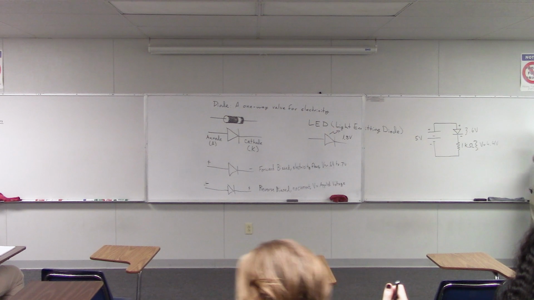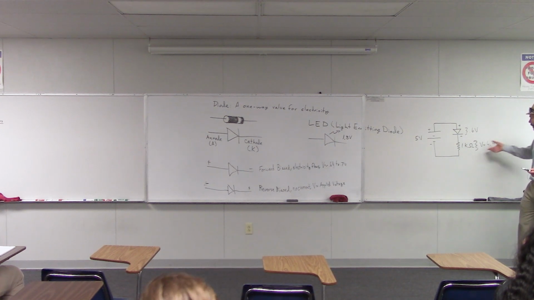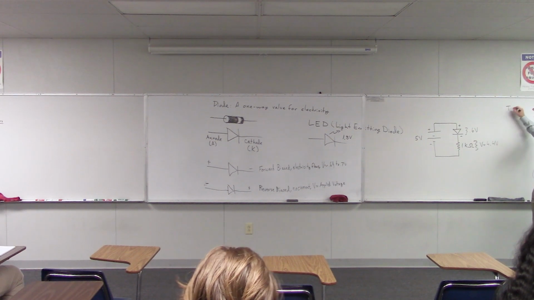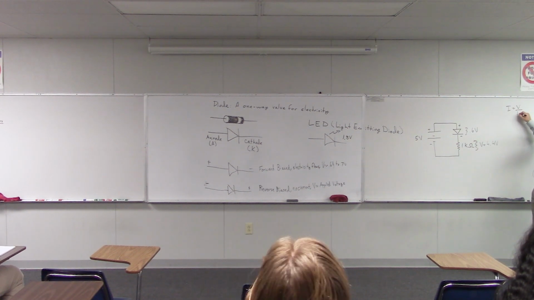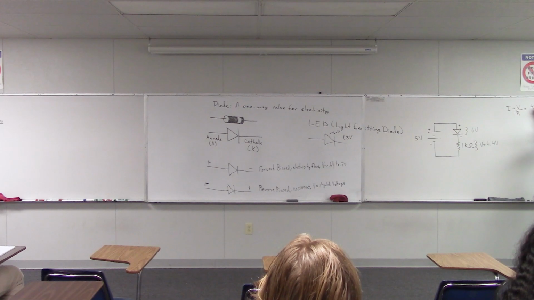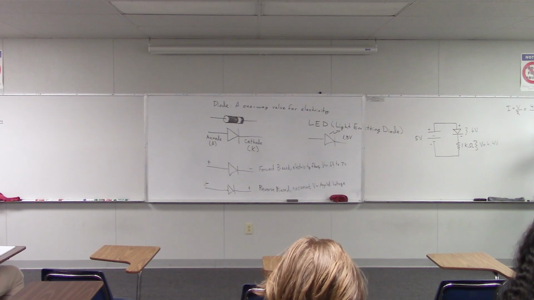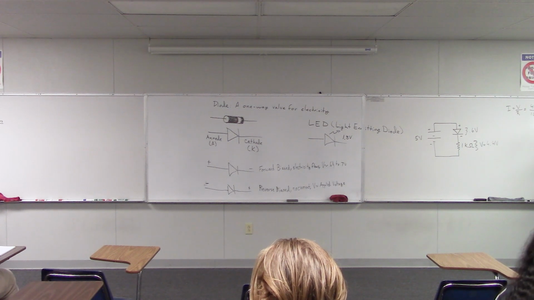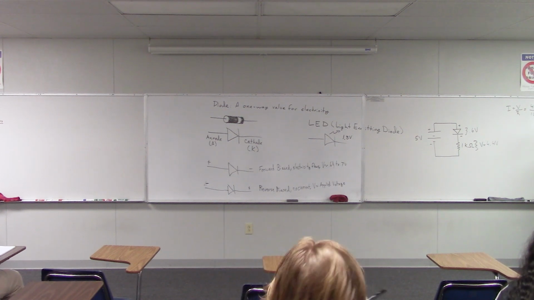Yeah, because now we know the voltage and we have a resistor, so we can just use Ohm's law. We would say I equals V over R. So that's 4.4 volts over 1,000 ohms, which comes out to be 4.4 milliamps.